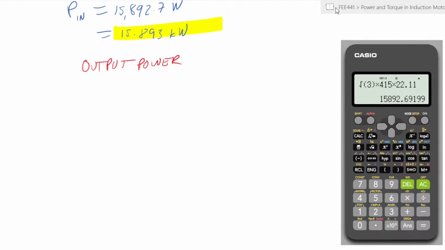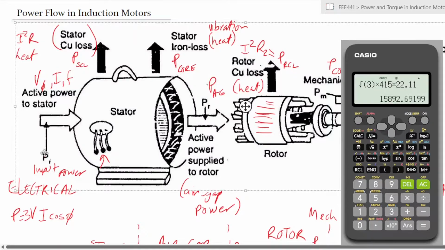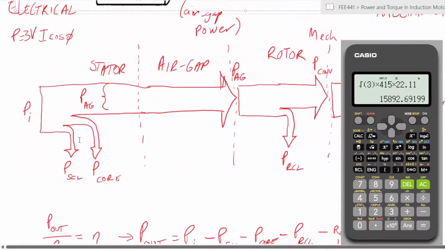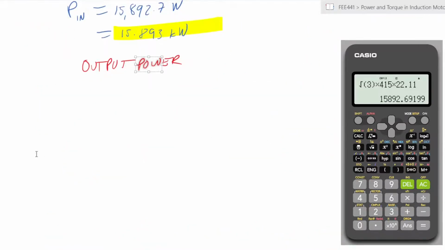Just as a reminder, this is our diagram as it looks. You had your input power, stator copper losses, core losses, air gap power. Then air gap power drops the rotor copper losses, and so on and so forth. That is the sequence of events that we need to go through in order to find our output power.